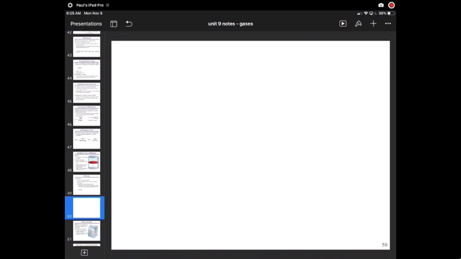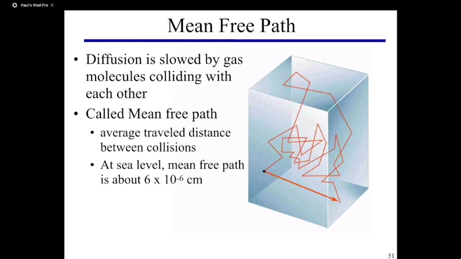So what gas do you exhale? Carbon dioxide, CO2. Carbon dioxide is 12 for carbon and 32 for oxygen, 44 grams per mole.